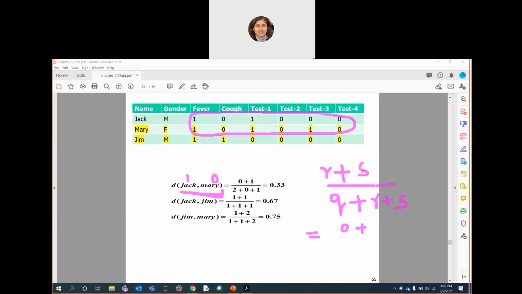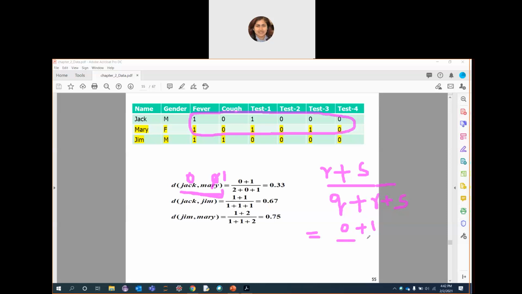Then S is what? S is the number of attributes that is equal to 0 for object Jack, but equal to 1 for the object J, that is Mary. So Jack is 0, Mary is 1. How many times do you have here? Only once, right?